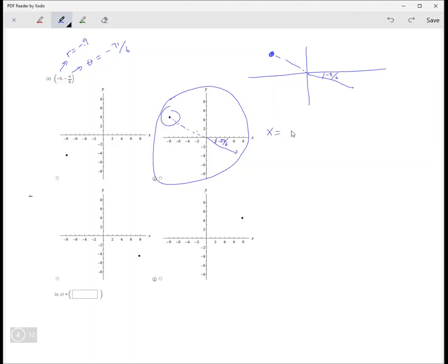Okay, so x would be -9 cosine of negative pi over 6. Cosine is going to be √3 over 2. So that will be -9 times √3 over 2.